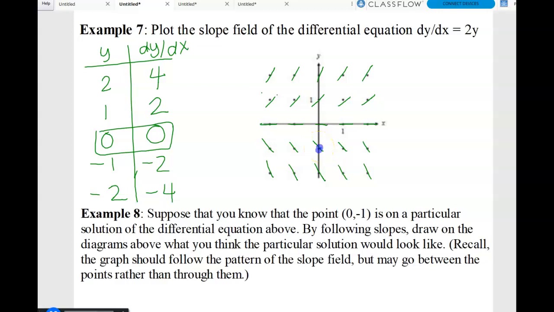So what you want to do, and this is what's on the AP test, is follow the slope lines to graph that point. So where does this line take me? Takes me up, right? But then what happens when I get to the x-axis? My slope's 0.